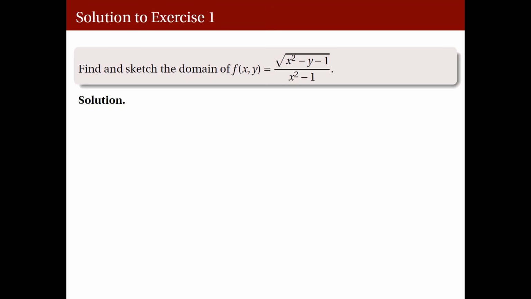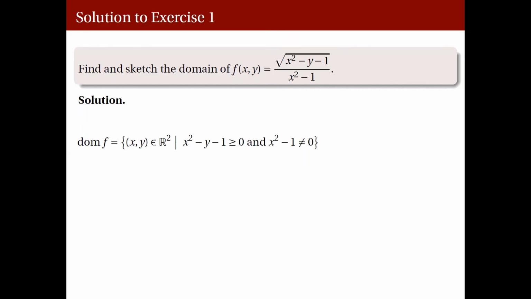So we will be looking for all ordered pairs of real numbers such that, first, if we look at the numerator, we have a square root here. So the radicand, this x squared minus y minus 1, must be non-negative. That's the first restriction. And for the second one, we have the denominator. It should be non-zero. Okay?